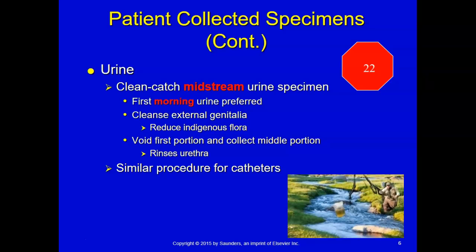For example, we need a clean catch midstream urine specimen. The first morning urine sample is best. And notice I made this picture with you in mind. Here's a stream, and here's a urine in the middle, and our fisherman is catching it very cleanly, and it looks like it's the morning. So the midstream urine collection is important because the first part of the stream washes away contaminants from the urethra.